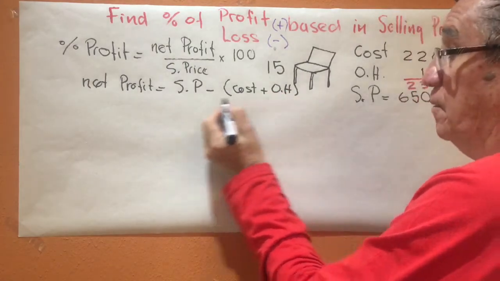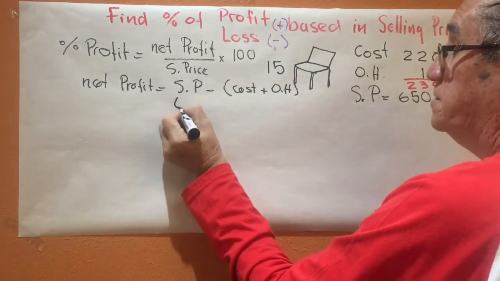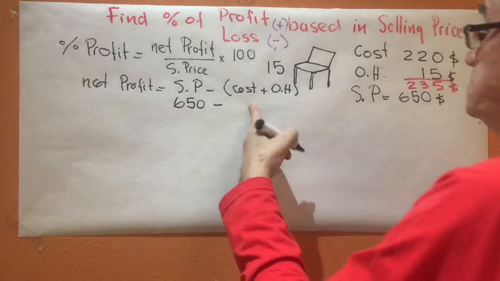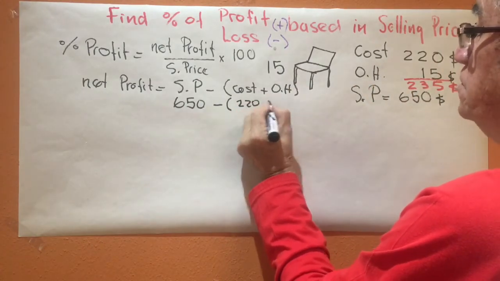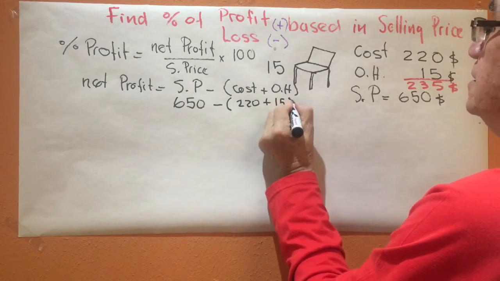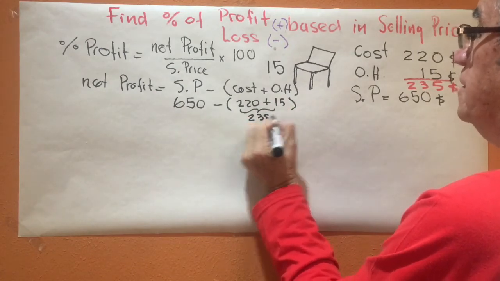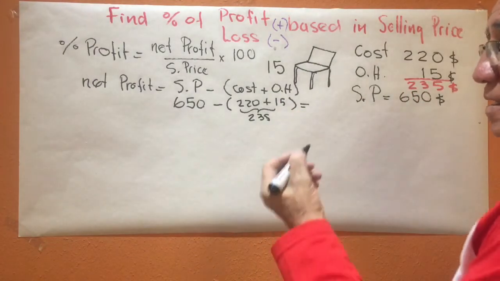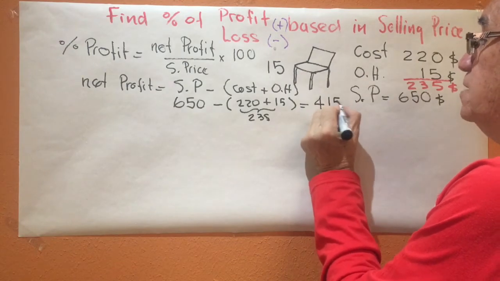Substituting values, the selling price is $650, subtracted by the cost and the overhead, which was 220 plus 15, and this is 235. So doing the subtraction, my net profit becomes $415.